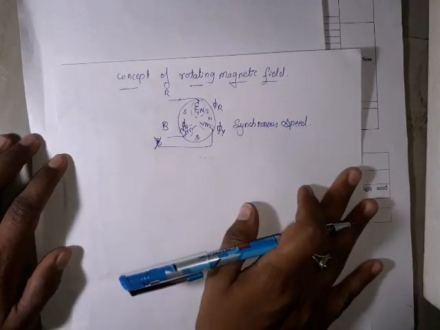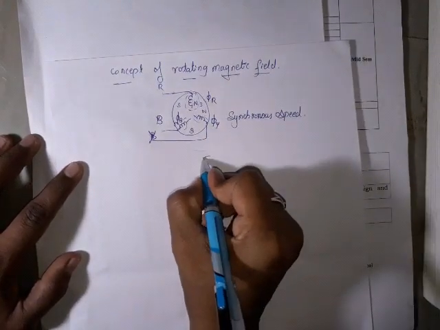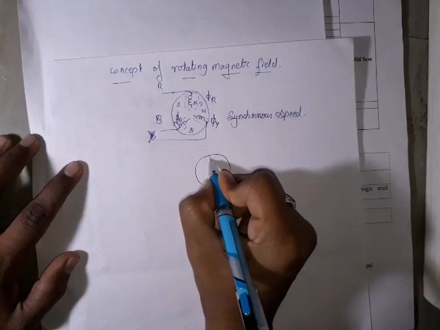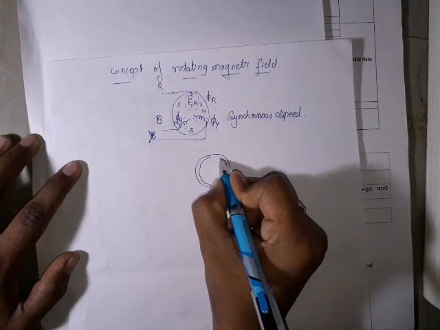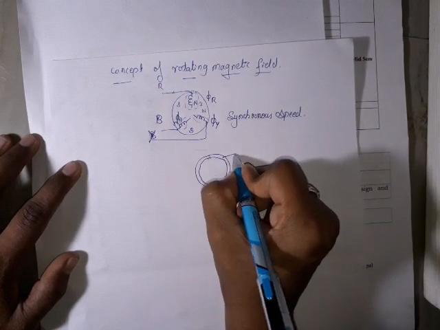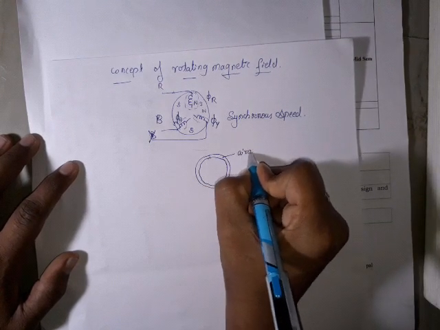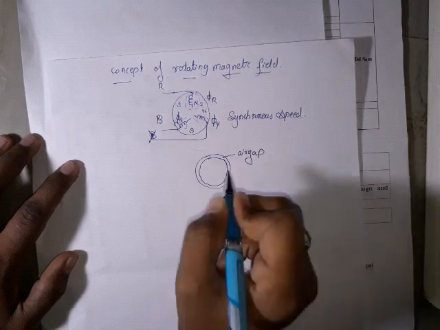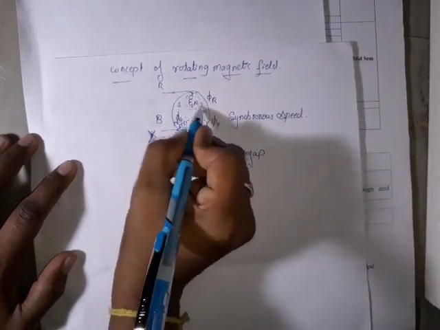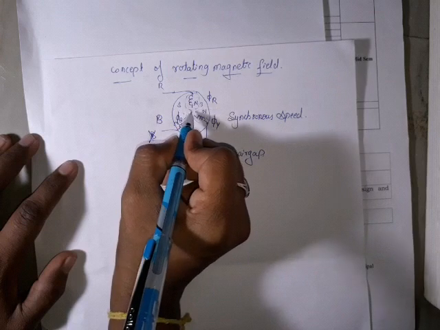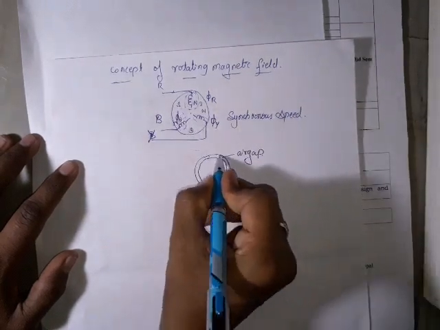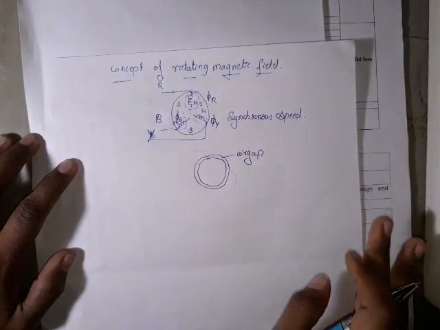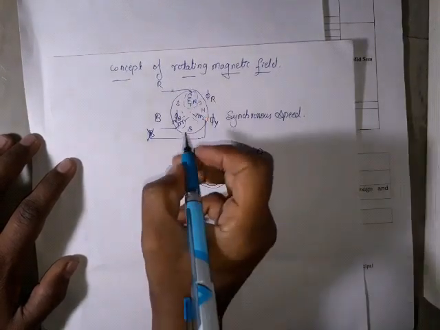Now here we have the stator, and here we have the rotor. Between stator and rotor there is a very small gap that we call the air gap. Will the generated magnetic field have the same magnitude of flux in the entire air gap? Understand the question?